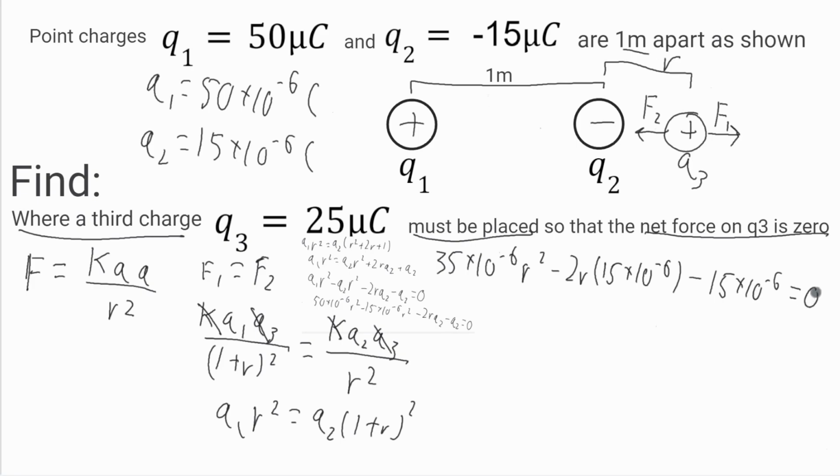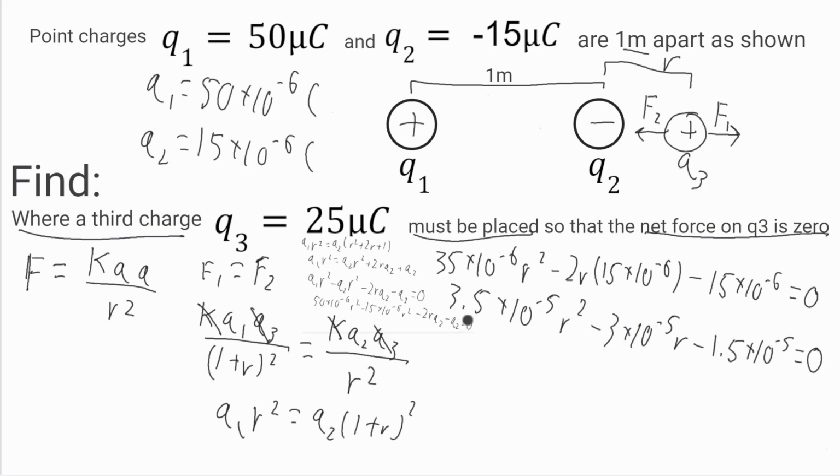And this will equal 0. I can simplify this. It'll be 3.5 times 10 to the negative 5 R squared minus 3 times 10 to the negative 5 R minus 1.5 times 10 to the negative 5. This will be equal to 0.